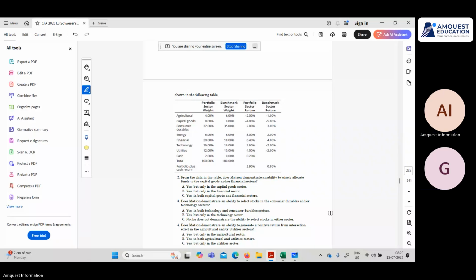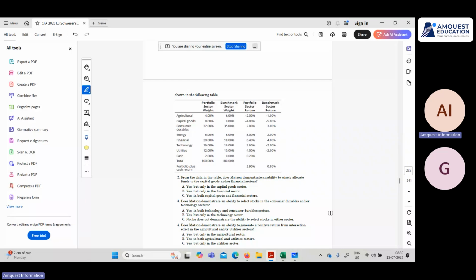For capital goods, it is negative 1%, multiplied by the return of the benchmark sector minus the total benchmark. Yeah, so negative into negative gives you positive, so he's done well in the capital goods sector.